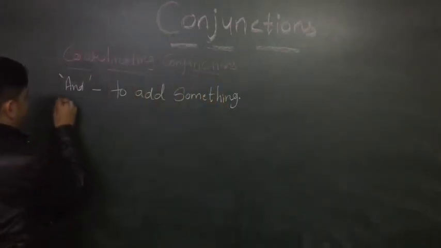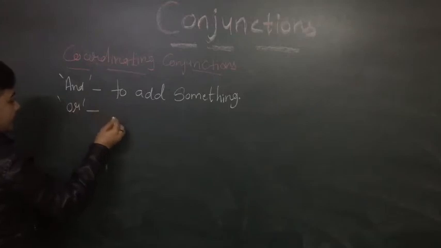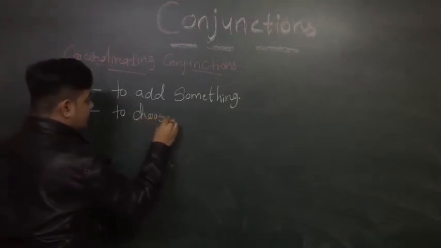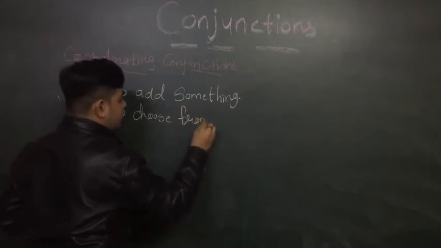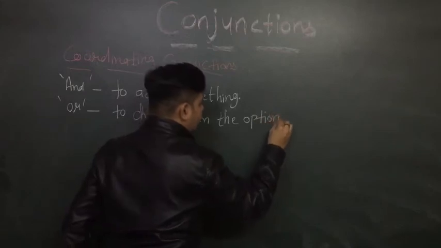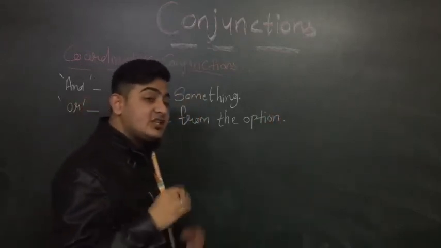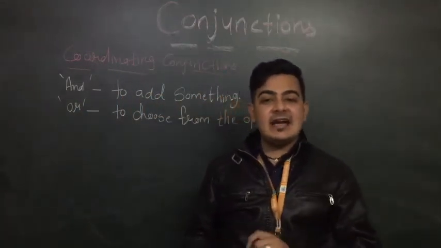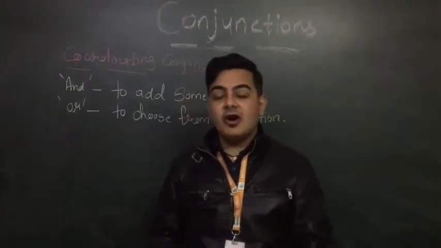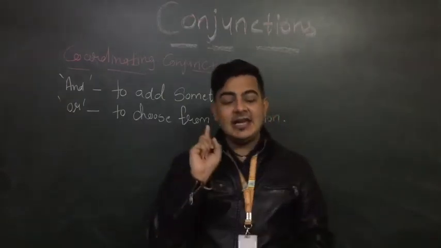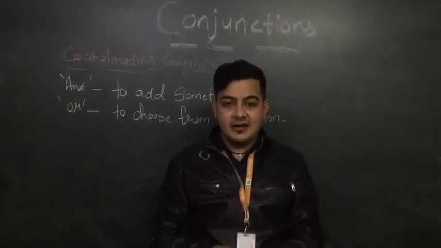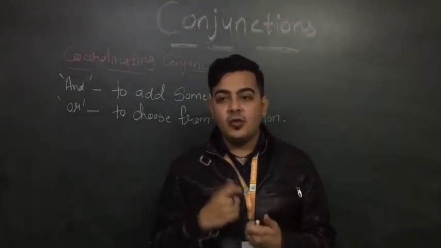We use or to choose from the options. जब हमें ऑप्शन में से चूज करना होता है, at that time we are using or. Any one, as I can say. या तो ये या फिर ये दोनों में से कोई एक. So as we can say any one.